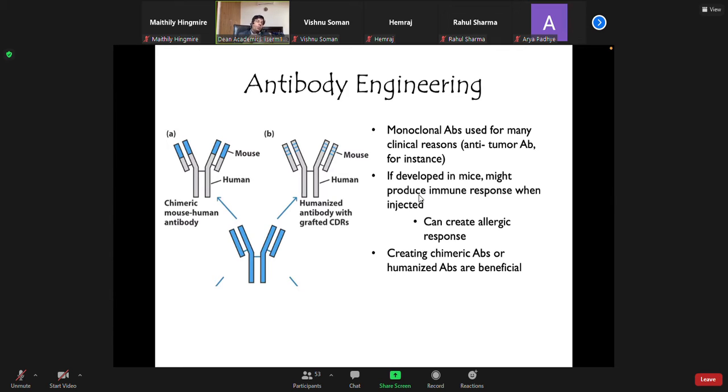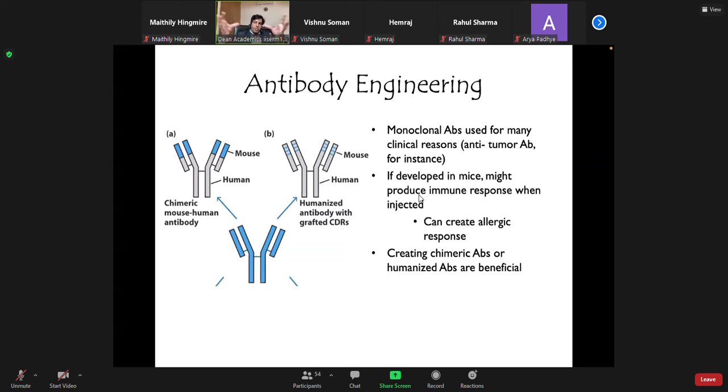In order to get an antibody against a particular antigen or epitope, yes, you can resort to what we already covered, which is monoclonal antibody generation, right? Where you have a clone of B cell, and then you fuse it with a cancer cell. Once you get this hybrid, the antibody production is coming from this B cell, and immortalization is coming from the cancer cell.